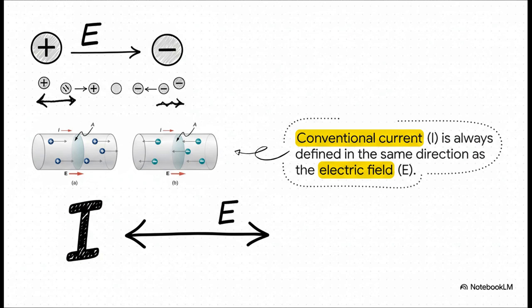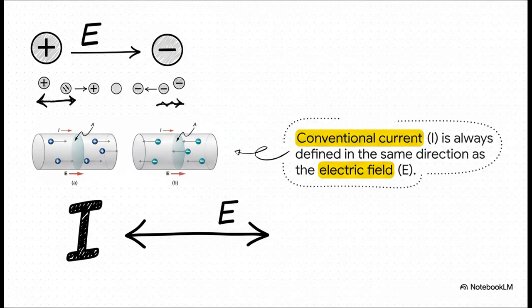Now, this slide shows exactly why Franklin's accidental convention is actually so useful. The electric field, E, always points from positive to negative. So in picture A, if you have positive charges, they move with the E field, and the conventional current I points in that same direction. Simple. Now look at B. In a real wire, you have negative electrons moving against the E field. But here's the clever part.